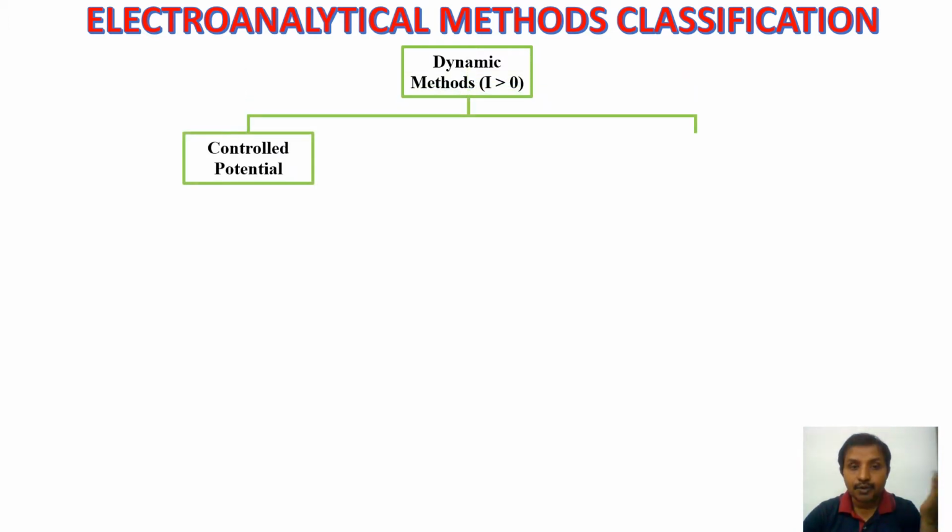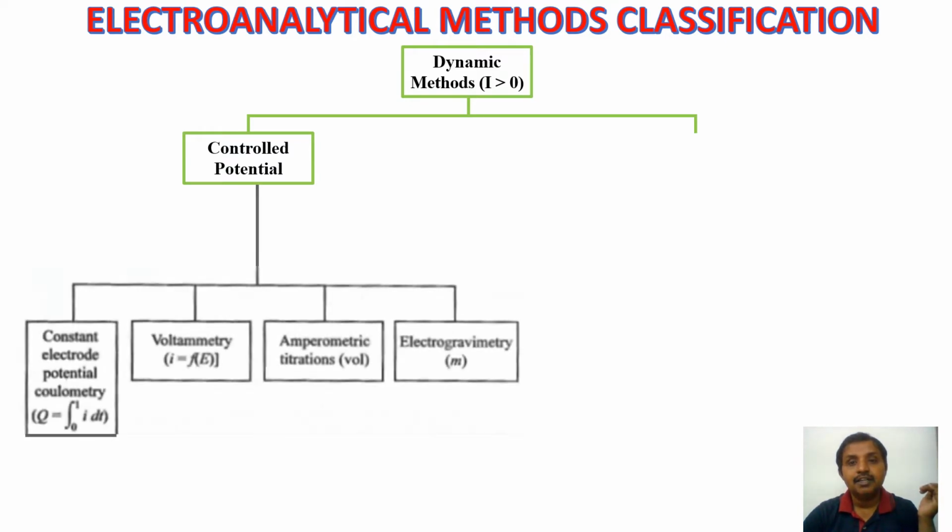That is controlled potential, and the controlled potential methods are further classified into five types: constant electrode potential, coulometry, voltammetry, amperometry, and electrogravimetry.